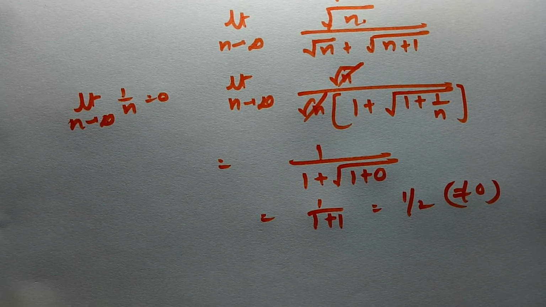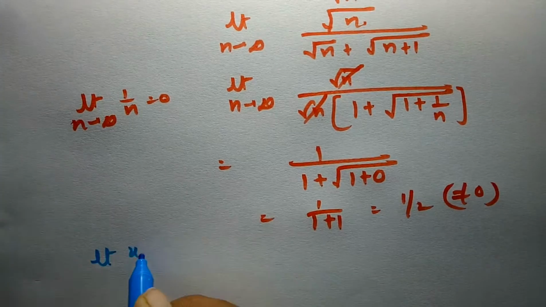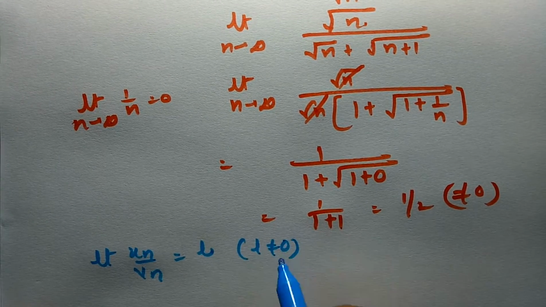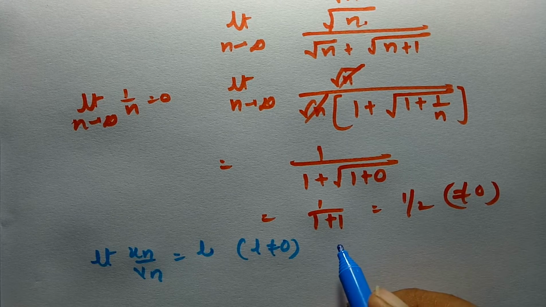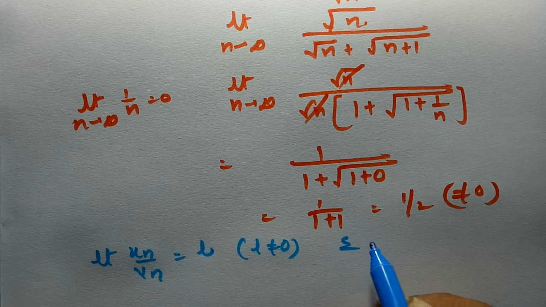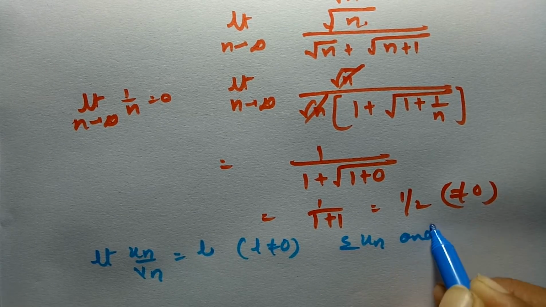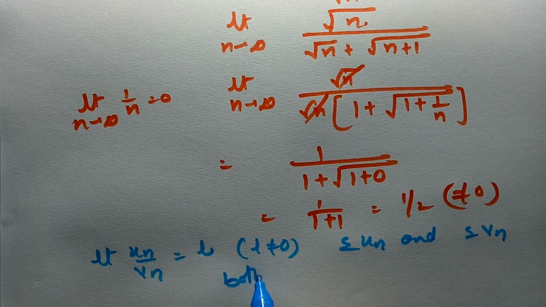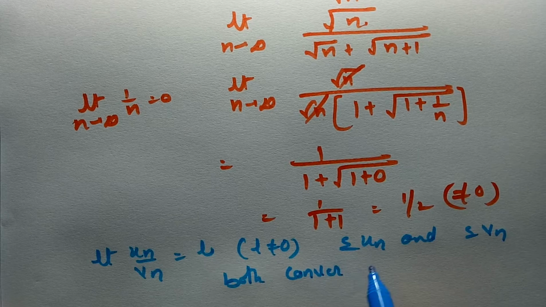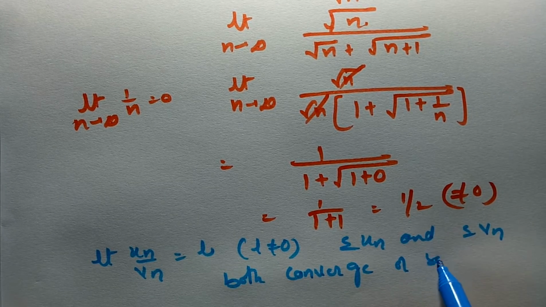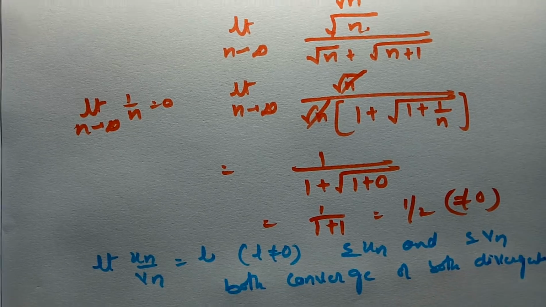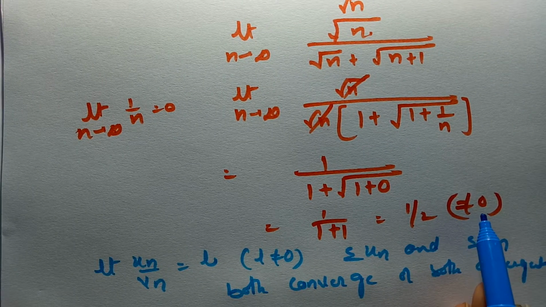As you all know, from the comparison test, if limit of Un by Vn is equal to L and that L is not 0, then from the comparison test, sigma Un and sigma Vn both converge or both diverge. So we got a finite value which is not equal to 0.